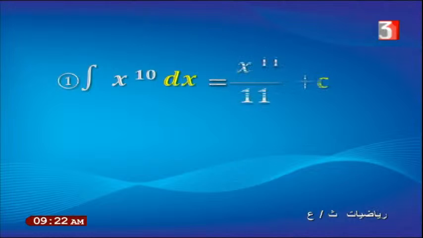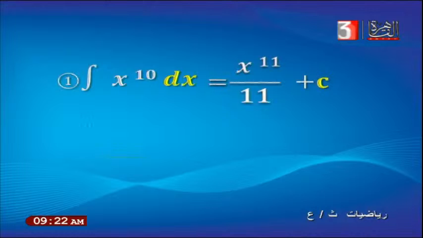Number 1, integration x to the power 10 dx equals x to the power 10 plus 1, which is 11, divided by the new power 11, plus the constant c.